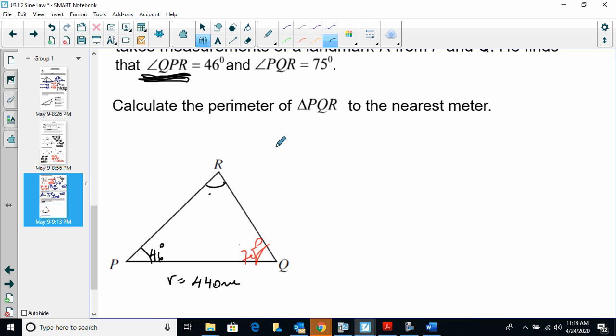So angle P plus angle Q plus angle R is equal to 180 degrees.